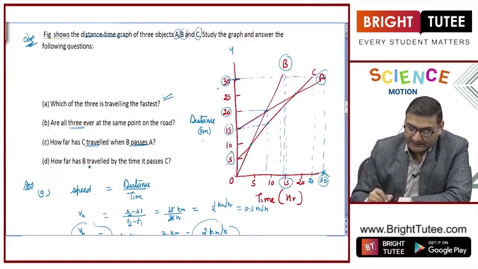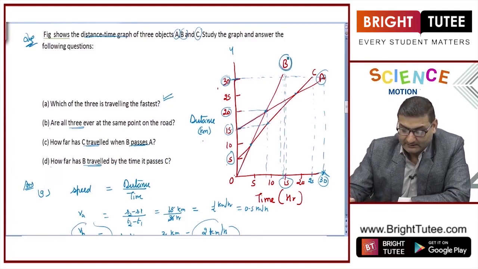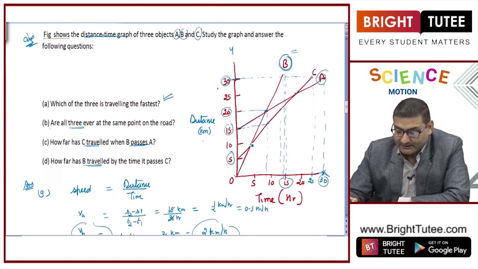Similarly, how far has B travelled by the time it passes C? We have to calculate how far it has travelled by the time it passes C. This is the line C, and B is just passing C from this point. Now at this point, if I draw a perpendicular, I see that it has travelled a distance of 10 kilometers starting from 0.